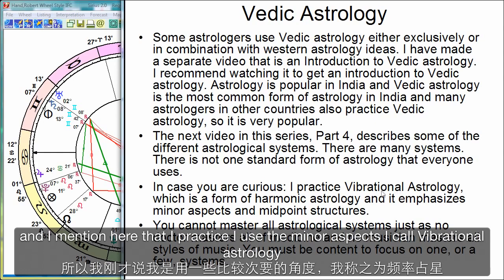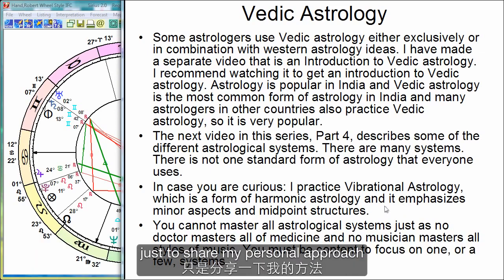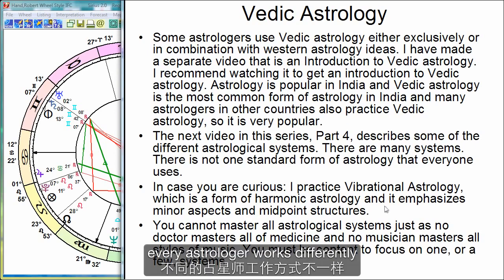And I mentioned here that I use the minor aspects, I call it vibrational astrology. It's a form of what's called harmonic astrology, which emphasizes minor aspects and midpoint structures, just to share my own personal approach. Every astrologer works differently.